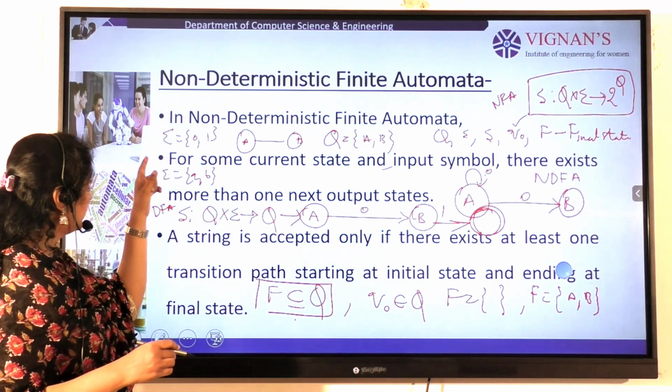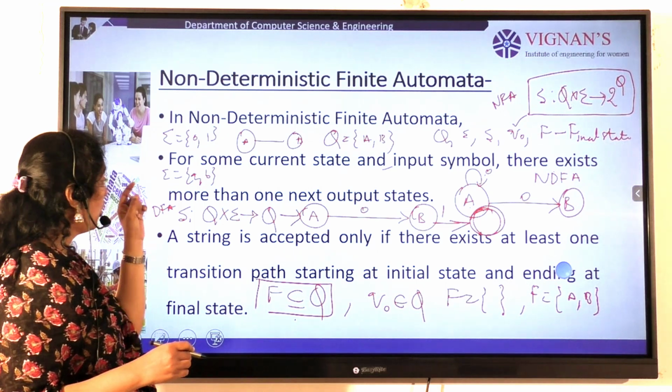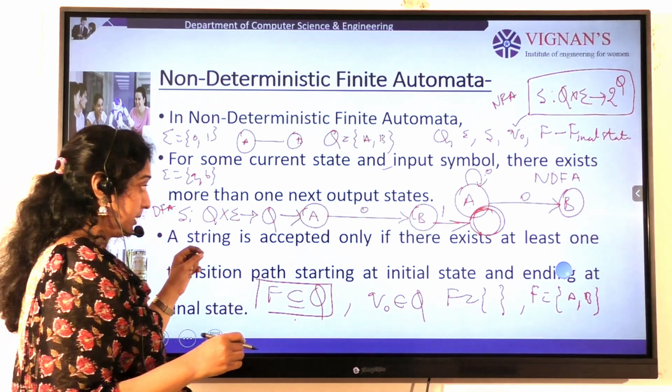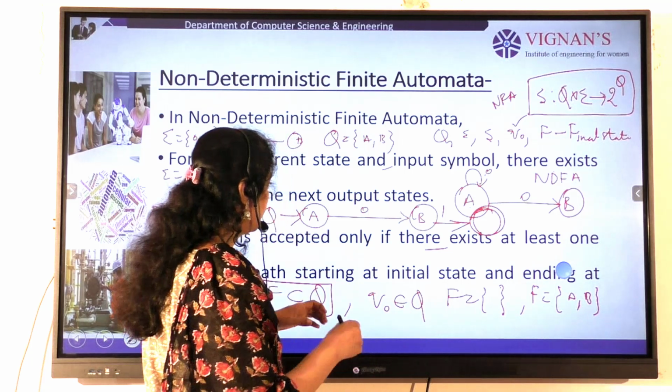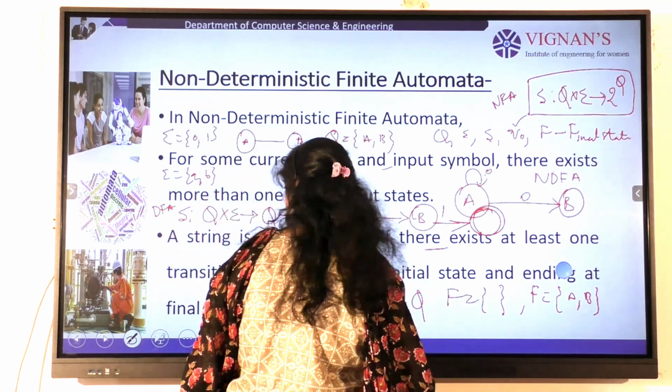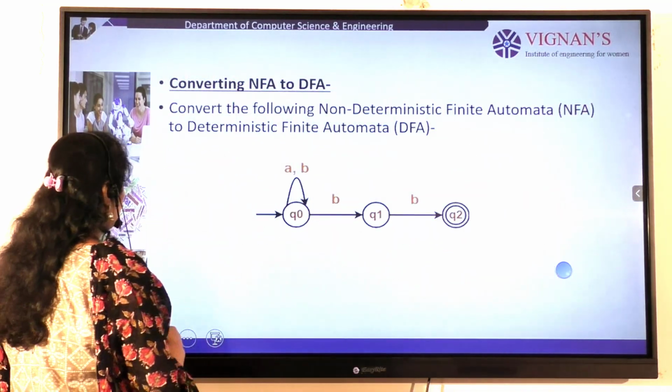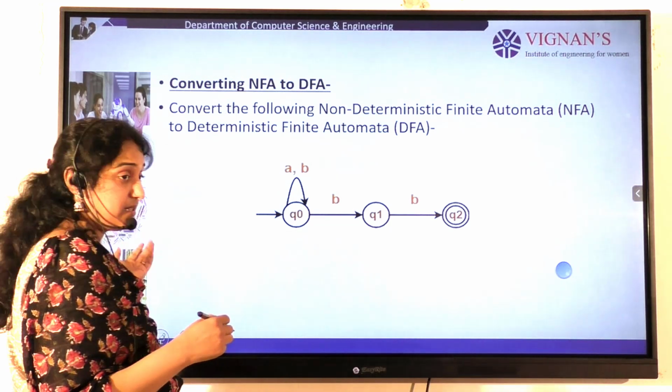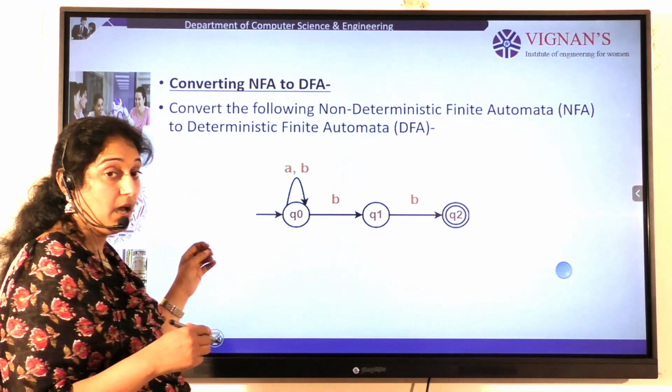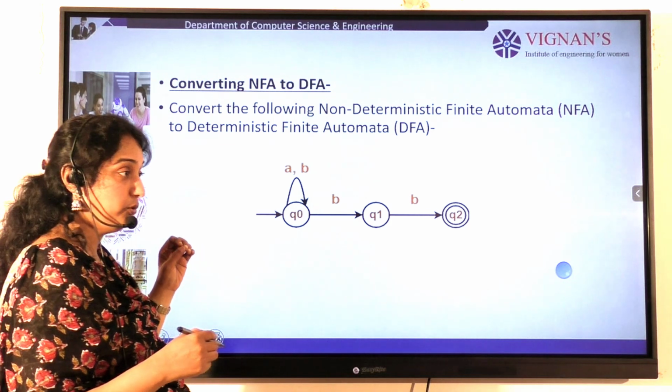That is what is mentioned in the slide about what non-deterministic finite automata is. Now let us see the next slide. In the next slide we are going to see how to convert NFA to DFA.